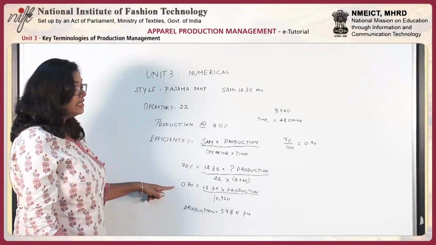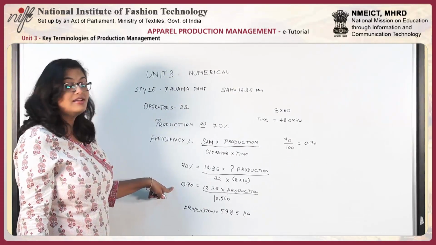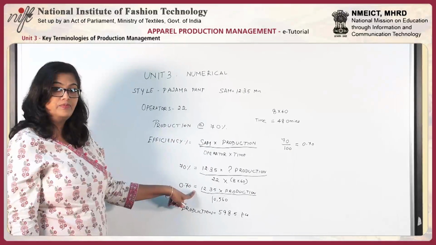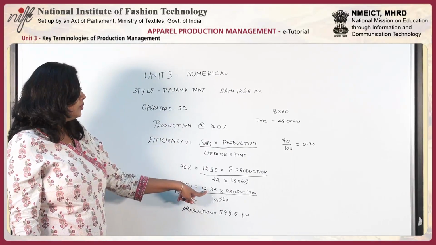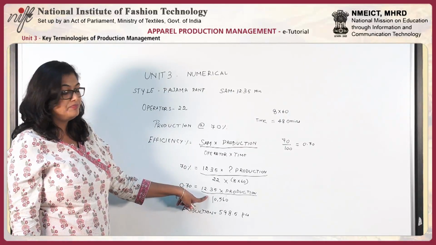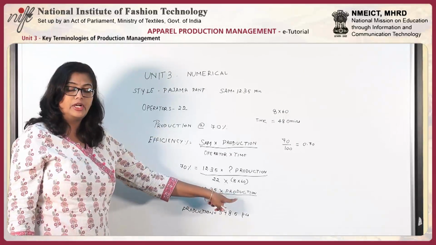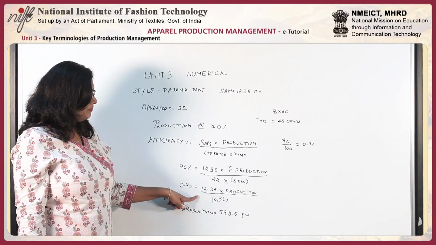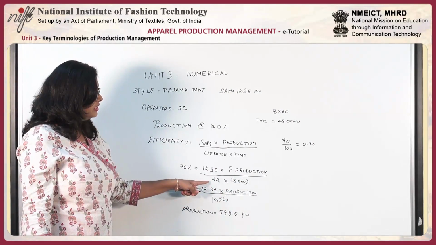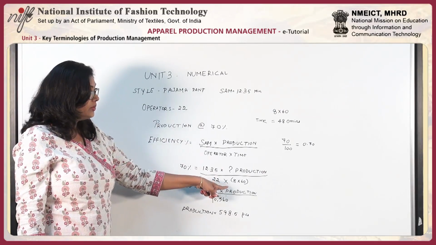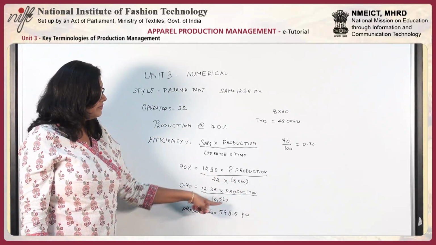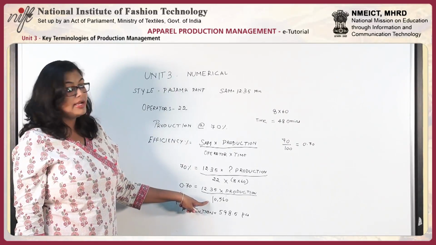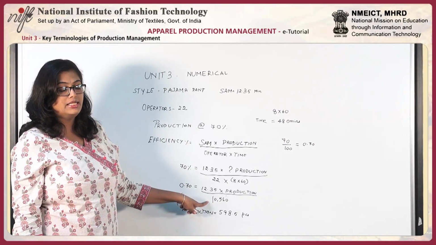So, efficiency here taken is at 0.70 is equal to 12.35 SAM into the production, which we need to find out, divided by the calculation of this 22 into 8 into 60, that is equal to 10,560 minutes.